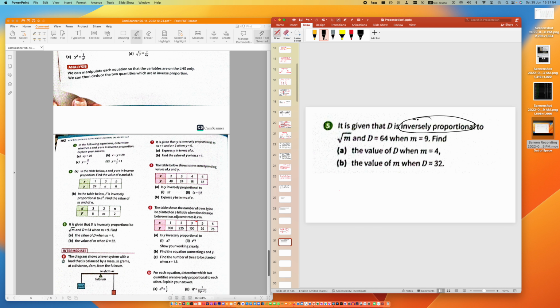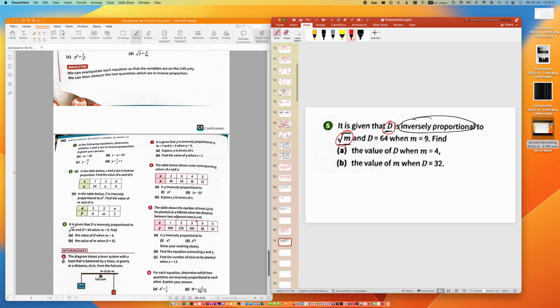Very good. So in this case, which one and which one? Read the question. D to this one, right? Can you see? Yeah. So replace accordingly. Replace your y with E. Yes. With?